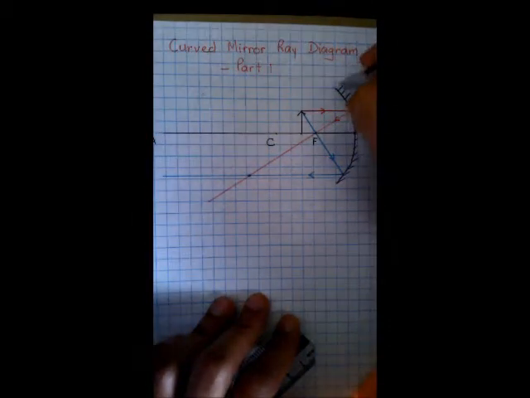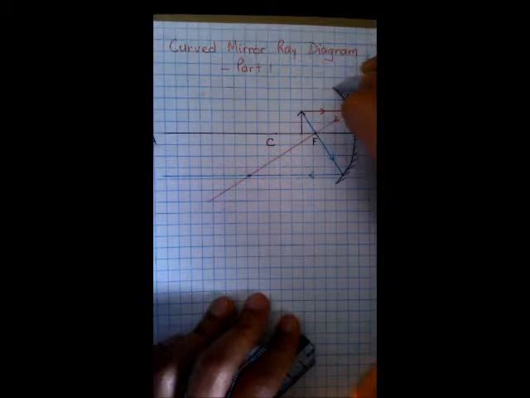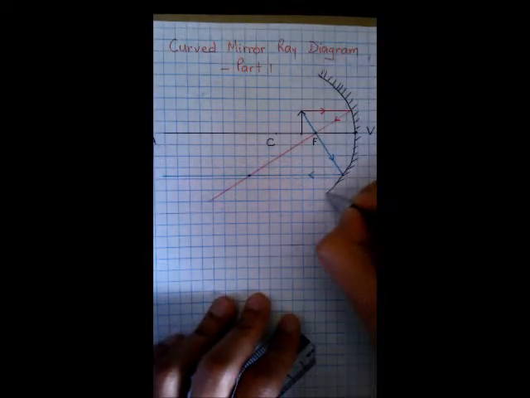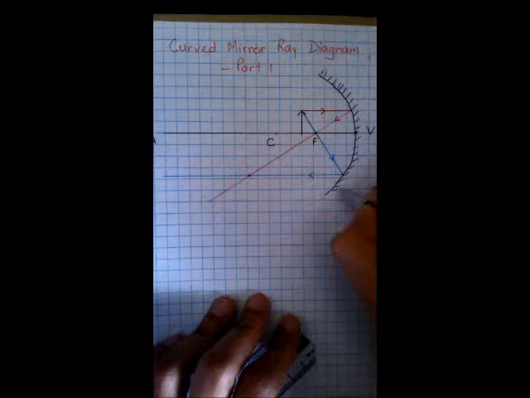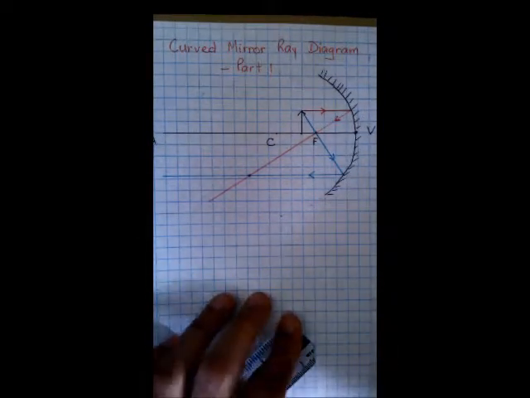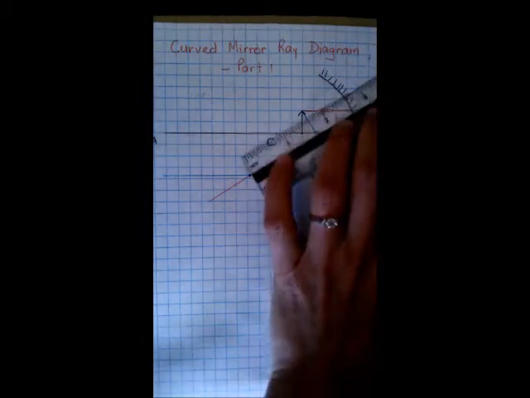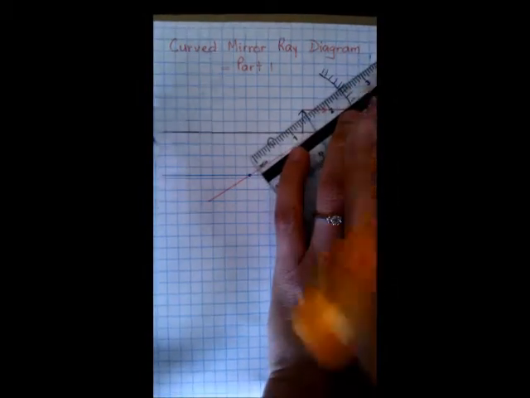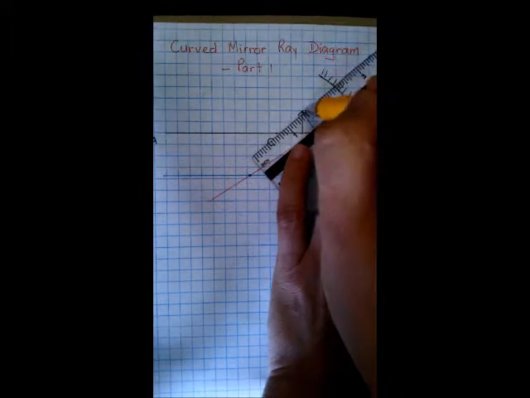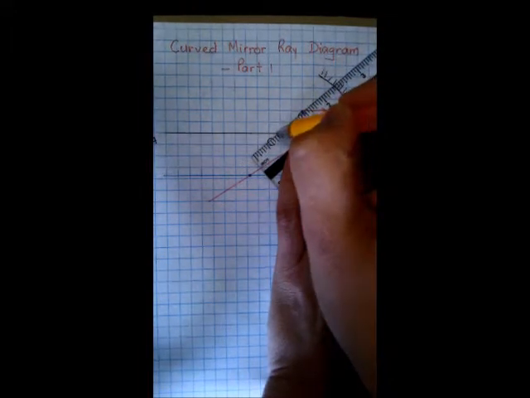I think I will have to extend my mirror a little bit, so let's do that. Okay, that's good. I didn't need the bottom portion, but just to maintain the symmetry. Okay, so take your ruler and you're trying to draw the ray from the top to the mirror, but also it falls in line with the center of curvature.